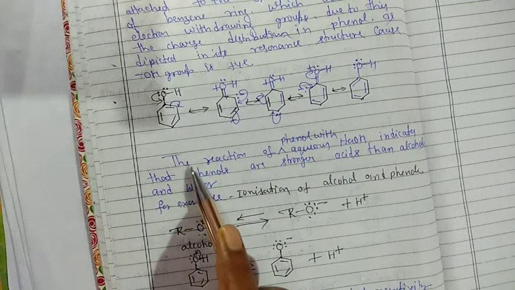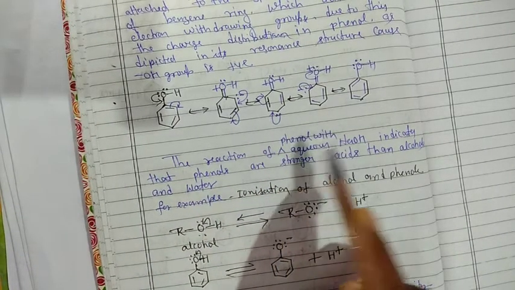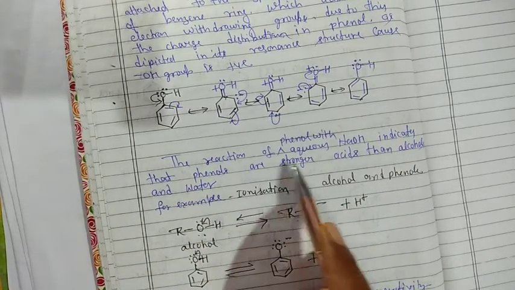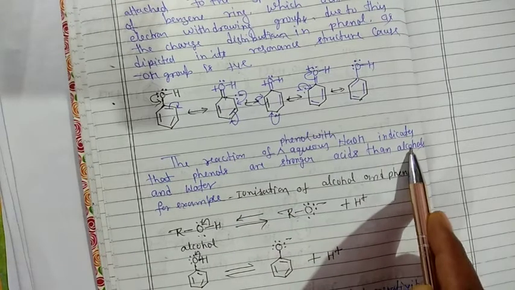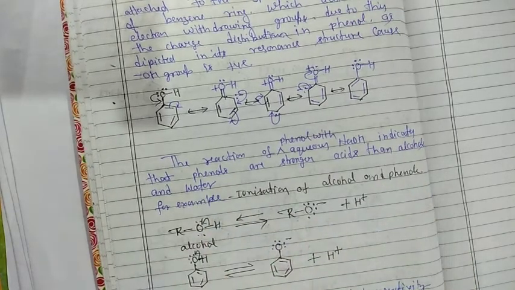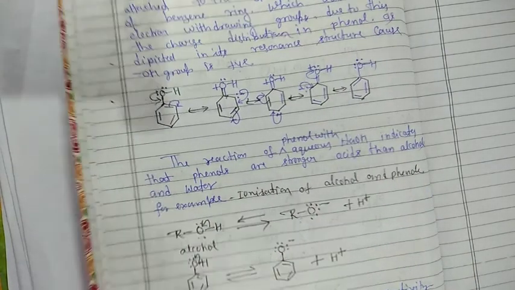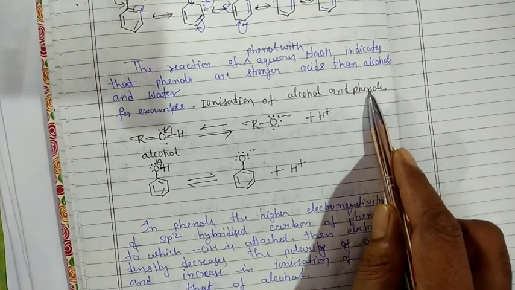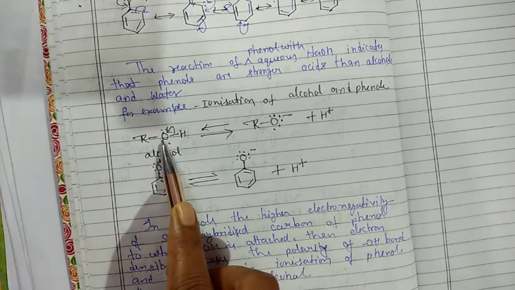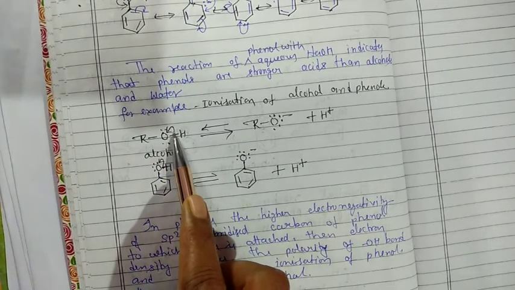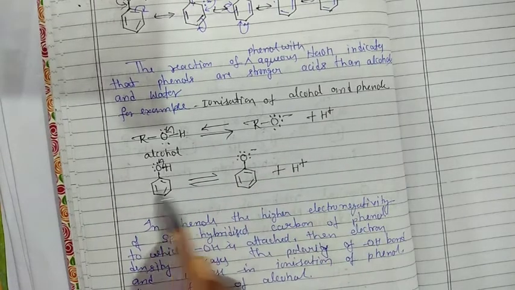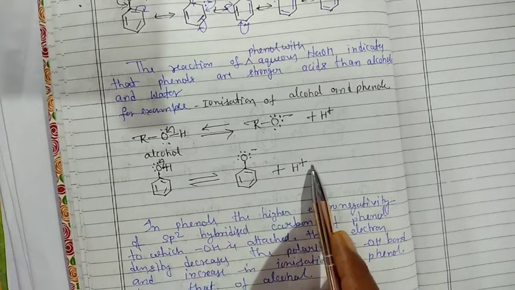You see here the reaction of phenol with aqueous NaOH indicates that phenols are a stronger acid than alcohols and water. For example, ionization of alcohols and phenols. This is the alcohol. So this is the ionization part, RO minus plus H plus. This is the phenoxide ion plus H plus.